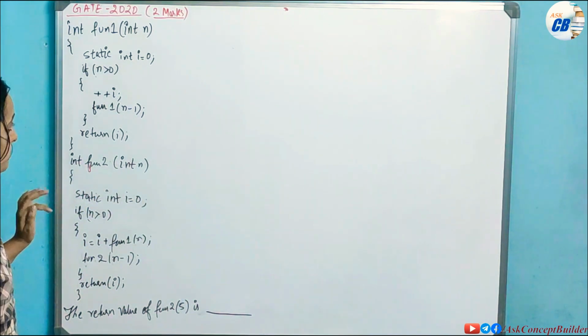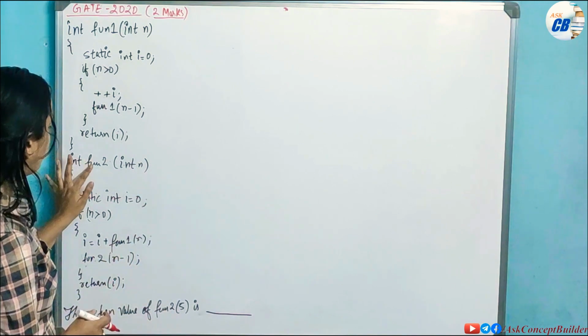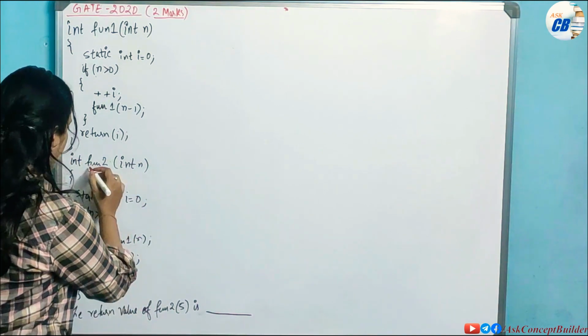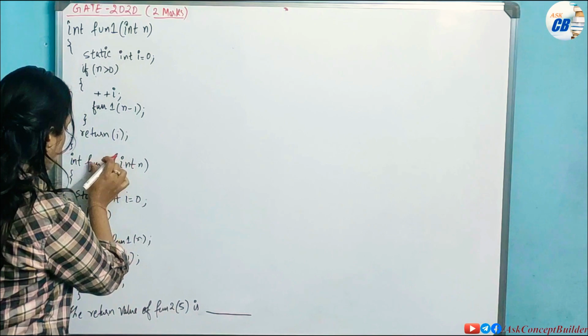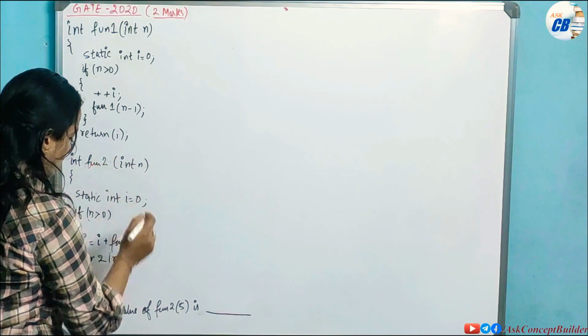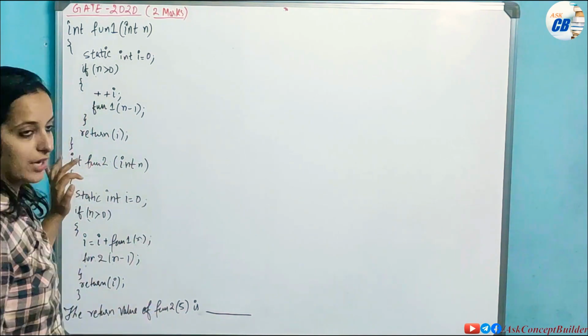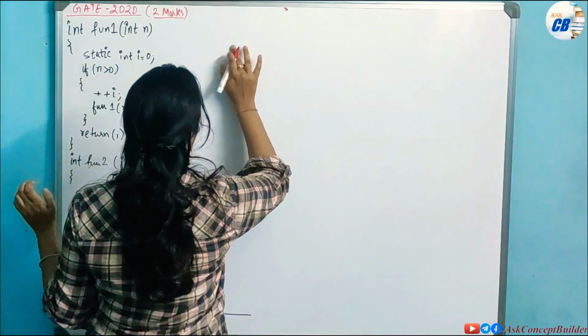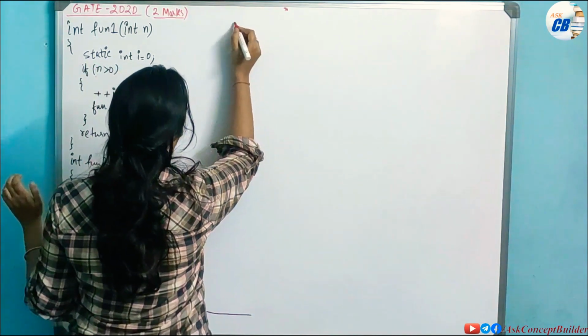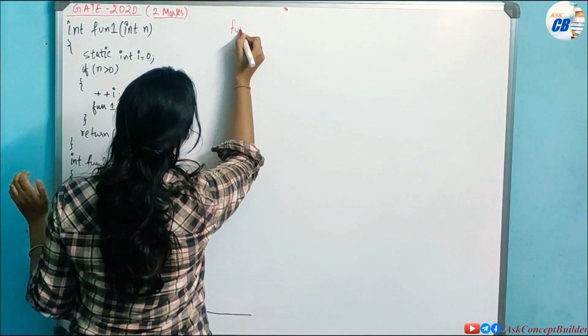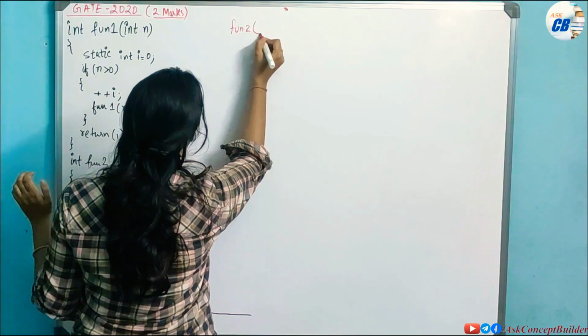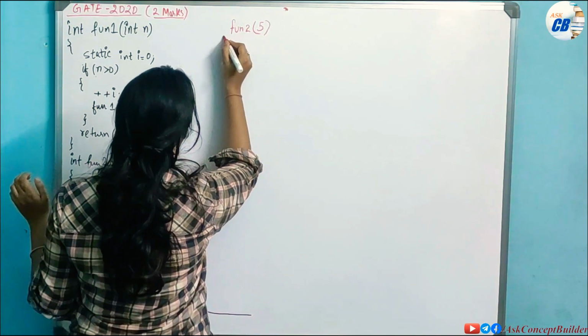First of all we have to call your fun2 function, because the program is starting from this fun2 function. They are telling you to return the value when fun2(5) is called. So our program execution will start from your fun2 function when the value n equals 5 is passed to it.